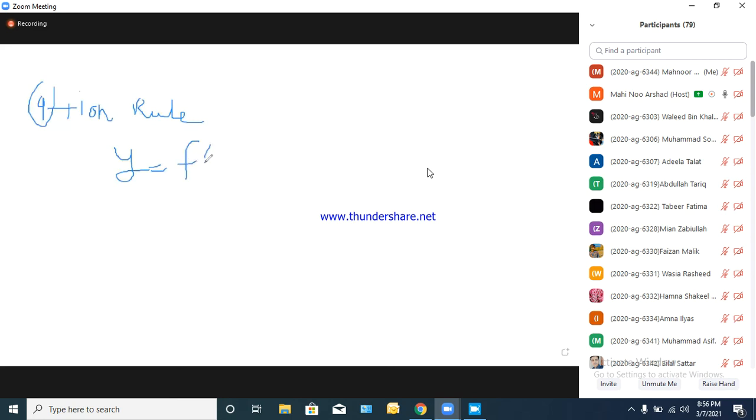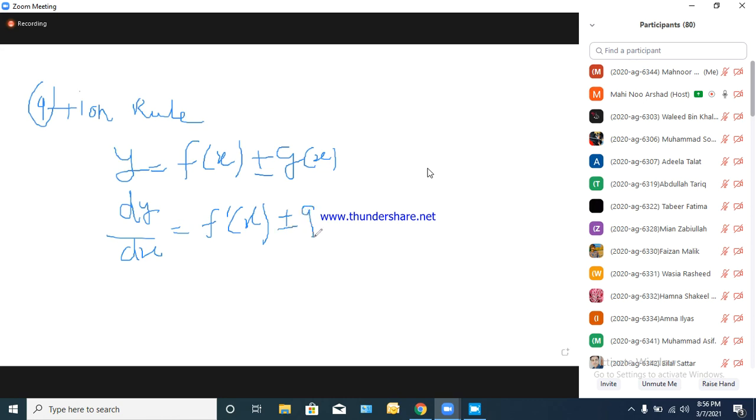The addition rule is that if you have two functions, the first one is f of x and the second one is g of x, how will you take its derivative? dy by dx is the derivative of the first function. If there is addition, you will add, and if there is a negative, you will subtract here. And then the derivative of the second function.